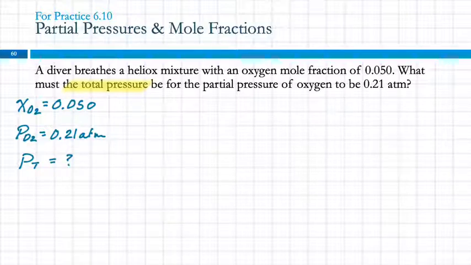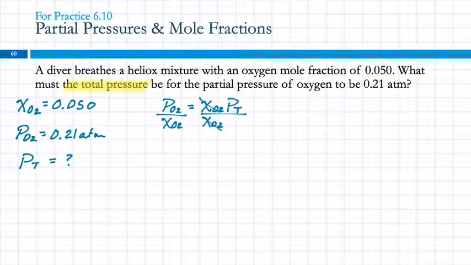Well, there was an equation that related these three things. The partial pressure of oxygen is equal to its mole fraction times the total pressure. They gave us two of the quantities we need to solve for the third. All we have to do is rearrange the equation. I want to get P total by itself, so I'm going to divide by the mole fraction of oxygen.